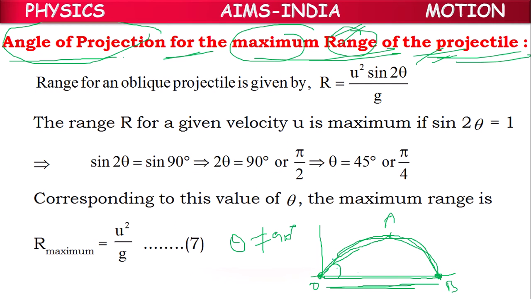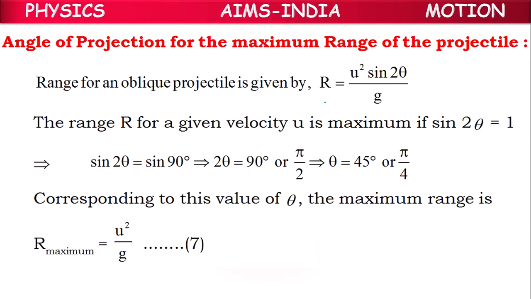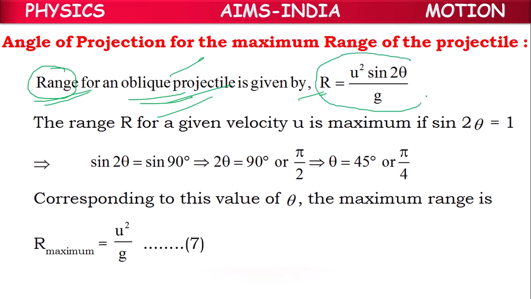Now the question is, if we throw with what angle will this horizontal range be maximum? That we have to find. According to the previous video, children, the formula for the range of an oblique projectile is given by R equal to u square sine 2 theta by g.